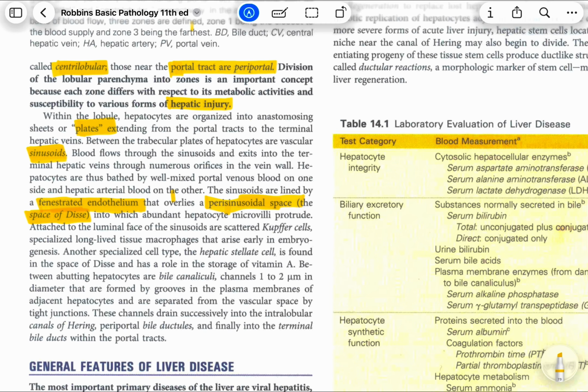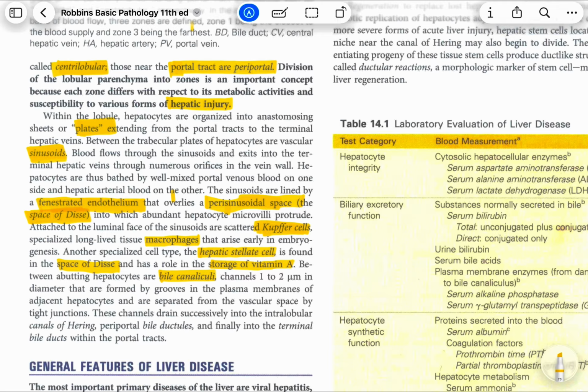Attached to the luminal face of the sinusoids are scattered Kupffer cells. These are long-lived tissue macrophages that arise early in embryogenesis. Another specialized cell type is the hepatic stellate cell, which is found in the space of Disse and has a role in storage of vitamin A. Between abutting hepatocytes are bile canaliculi, which are channels 1 to 2 micrometers in diameter formed by grooves in the plasma membrane of the adjacent hepatocytes and separated from the vascular space by tight junctions.